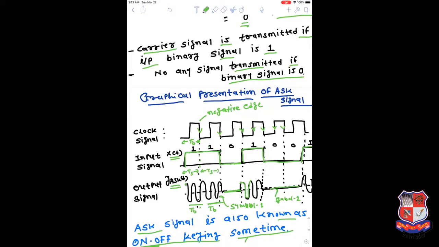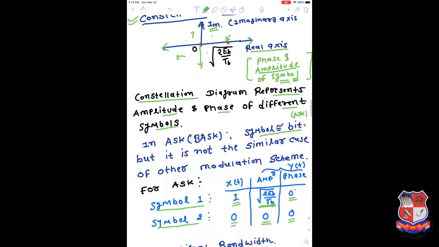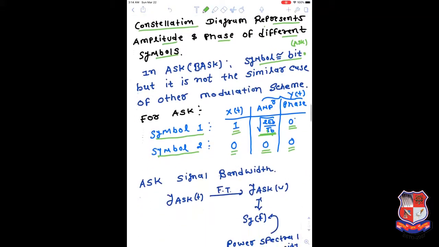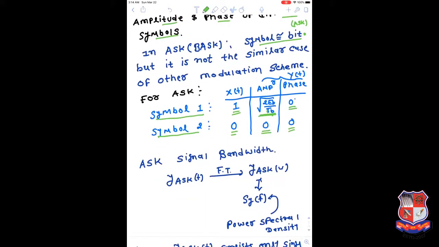So both have the same duration. TB is the duration to transmit 1 bit, and TS is the duration to transmit 1 symbol. Both are the same, so the number of bits and symbols transmitted in a particular duration are the same, and the symbol rate and bit rate are also the same. But this is not the case for all other schemes.